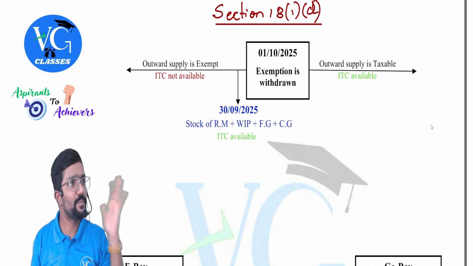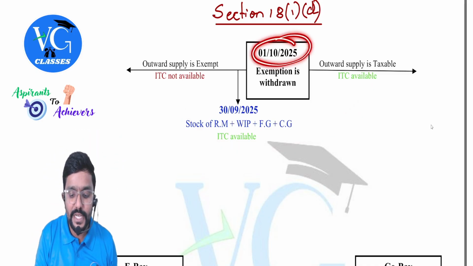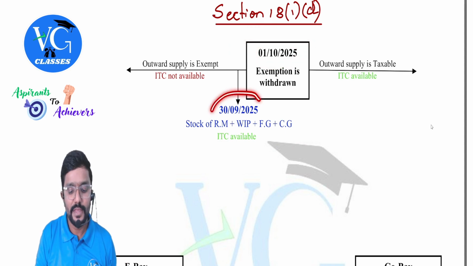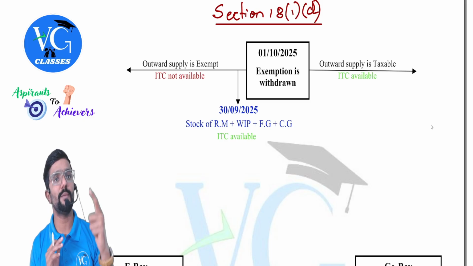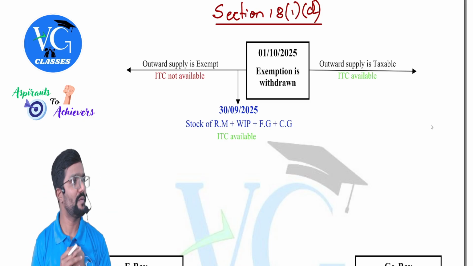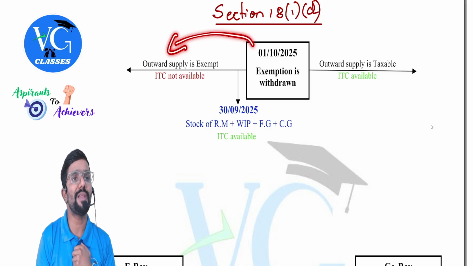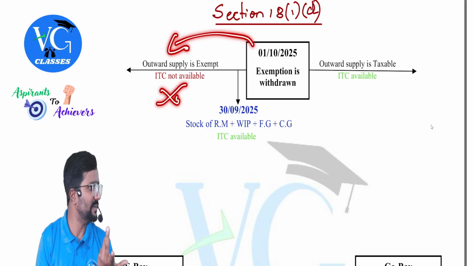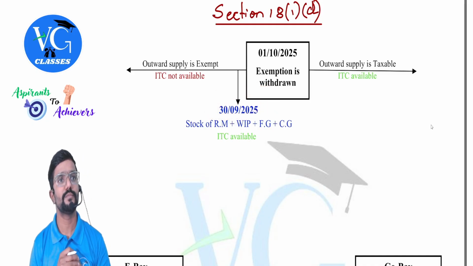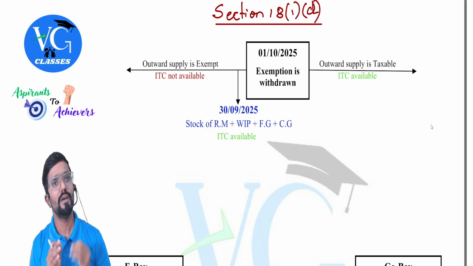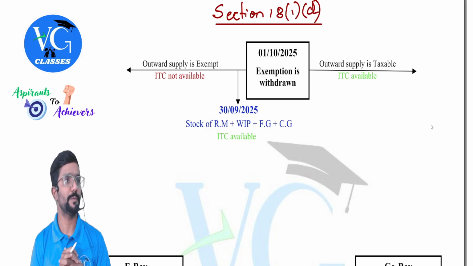Now, what is special, sir? Preceding this date, which is 30th September, if I have any stock of raw material, WIP, finished goods and capital goods, when did I purchase it? When my outward supply was exempt. Did I claim credit? No. Why? Because I was not eligible. But as I have it as stock on 30th September, when will I use it? On or after 1st October.